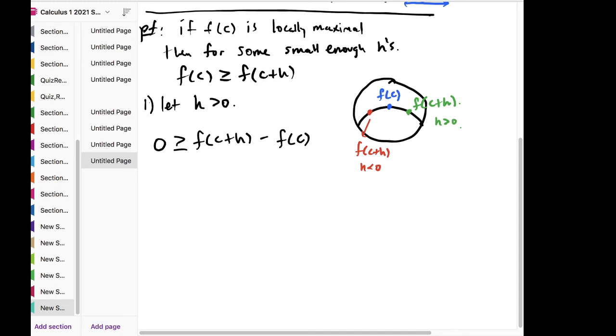What would you do? So it's almost the derivative. What's missing is that divided by h term, right? Can we divide by h?